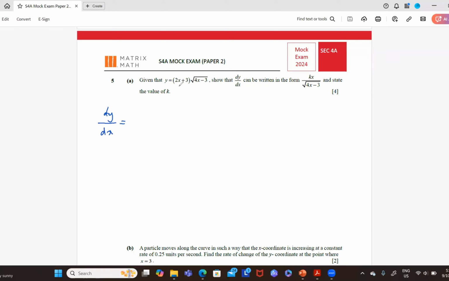Before that, what you want to do is write this y as y equals (2x plus 3)(4x minus 3) to the power of half. So use the product rule. Leave this alone. Work on this half. 4x minus 3, this is minus half. Then you put 4.